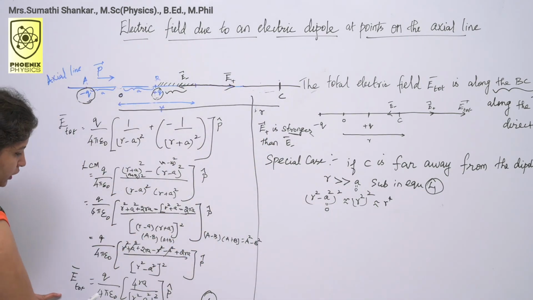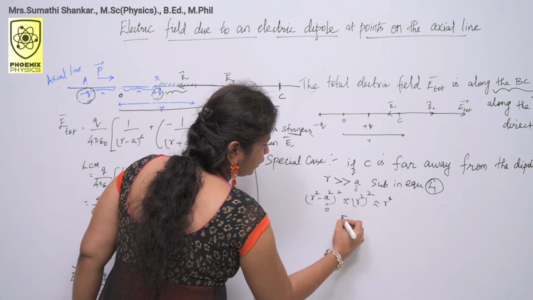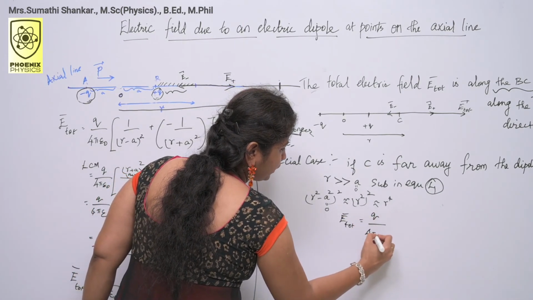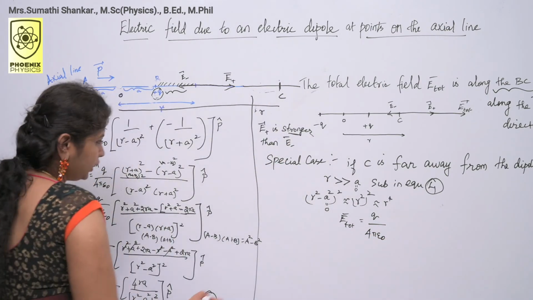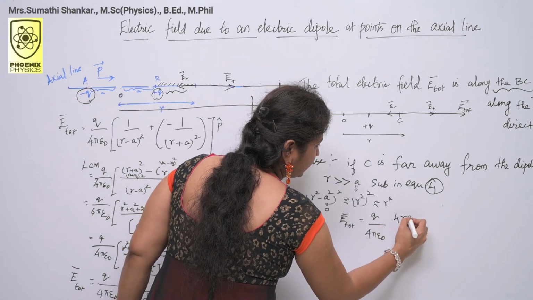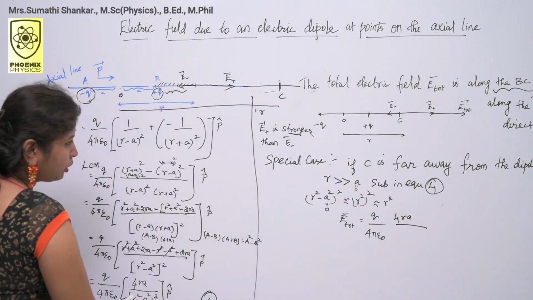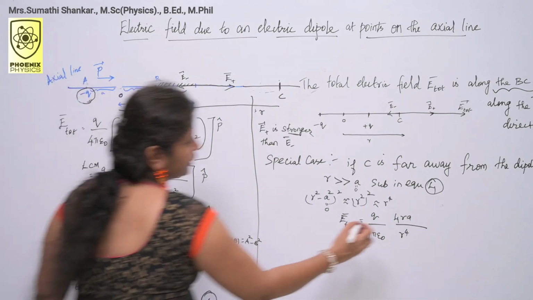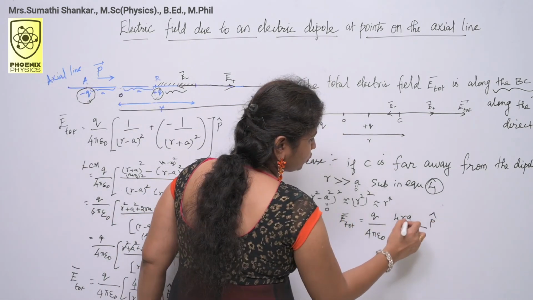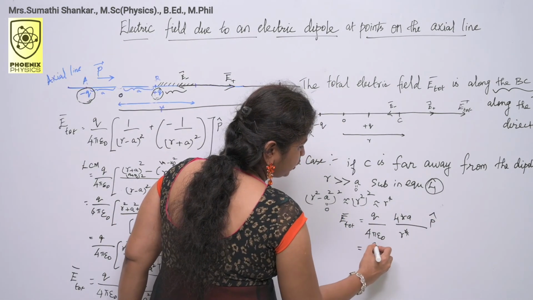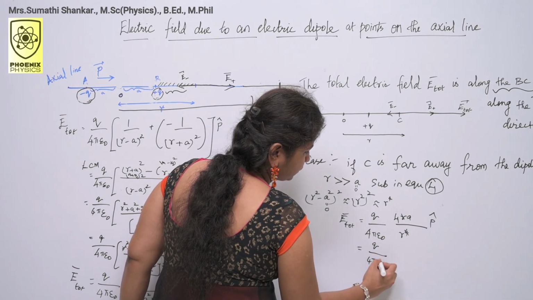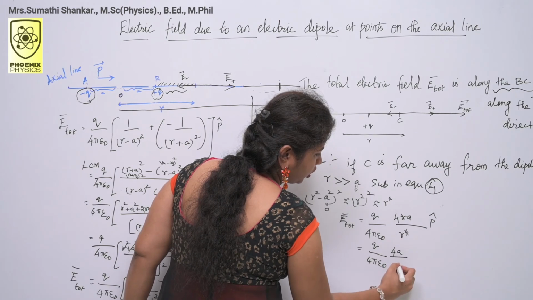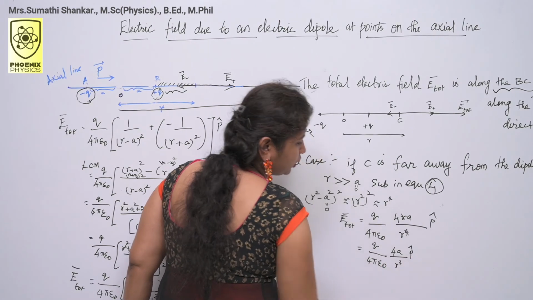Now substitute in equation 4. What is our equation 4? E total can be written as Q by 4 pi epsilon naught, 4RA divided by the denominator R power 4, and here I have P cap. So cancel this. How do you write? Q by 4 pi epsilon naught 4A divided by R cube P cap.